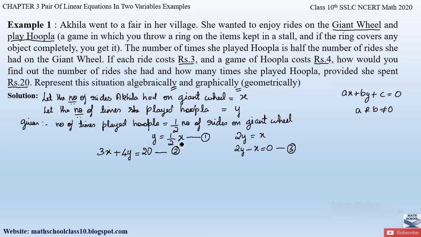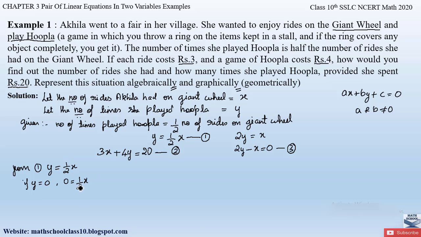Now using equation 1, let us form a table by substituting the value of y and obtaining the value of x. From equation 1, which is given as y is equal to half of x, if we put y is equal to 0, then 0 is equal to half x.